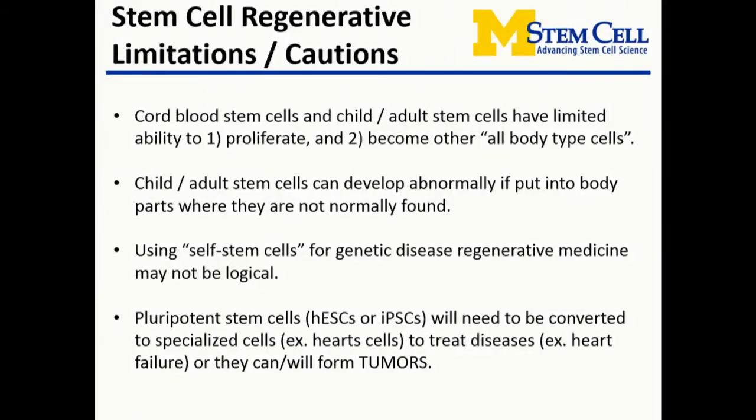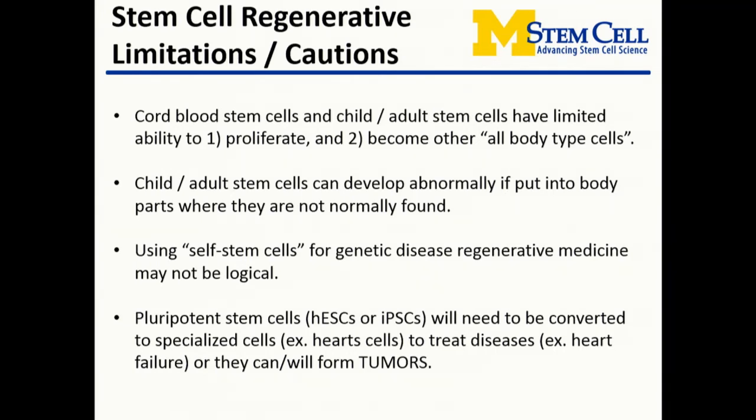A few things I want to bring up as limitations of stem cells for regenerative medicine and some caution. Cord blood, child, adult stem cells do have a limited ability to proliferate and to become all types of body cells. That's not true with human embryonic stem cells or iPS cells.